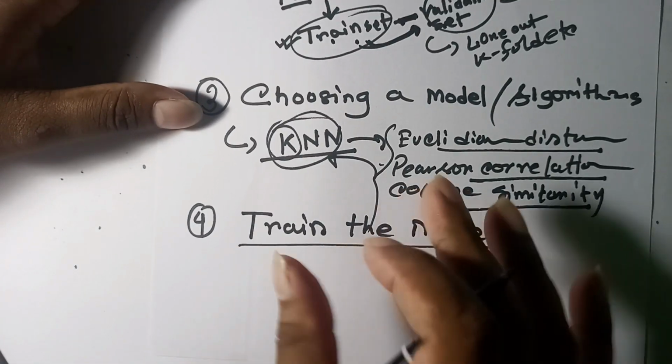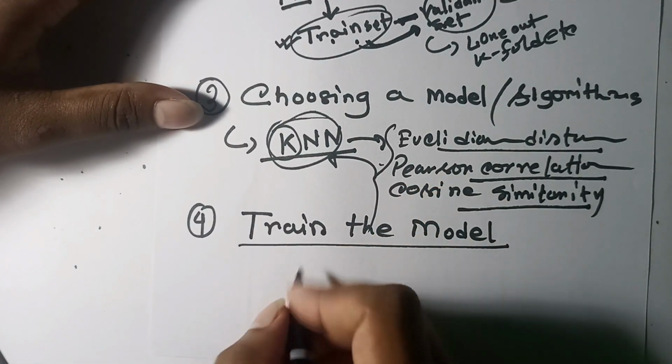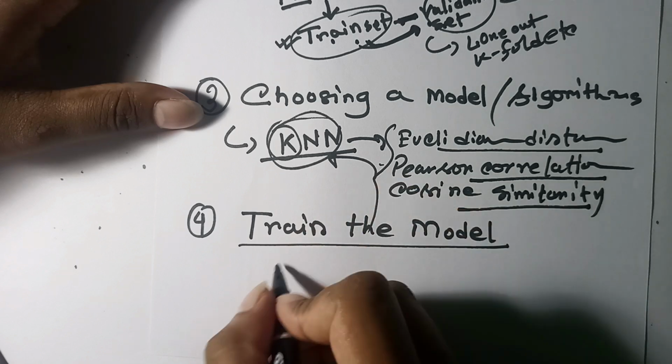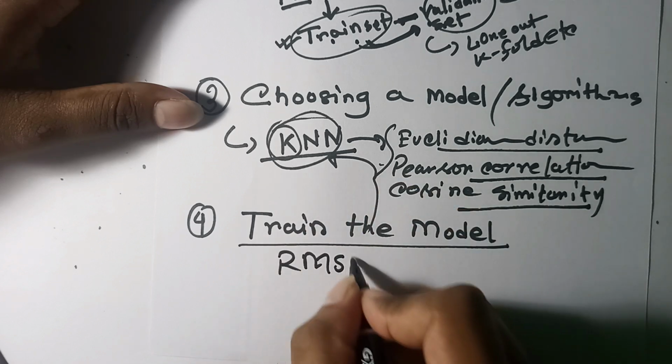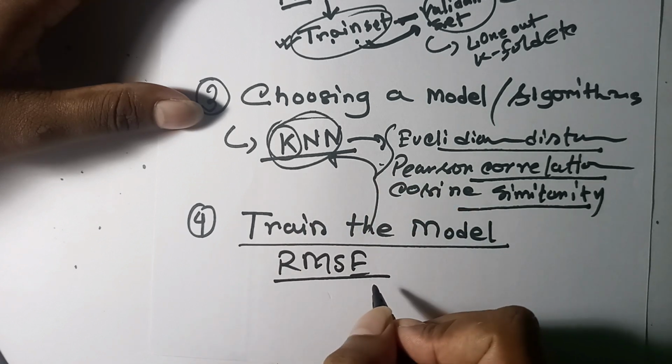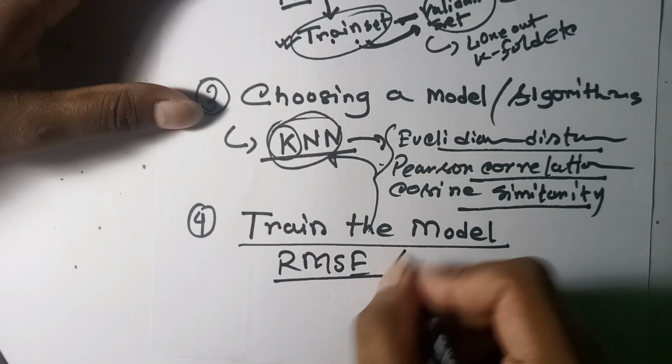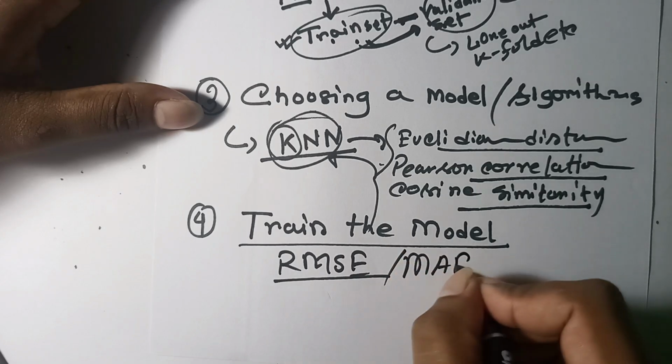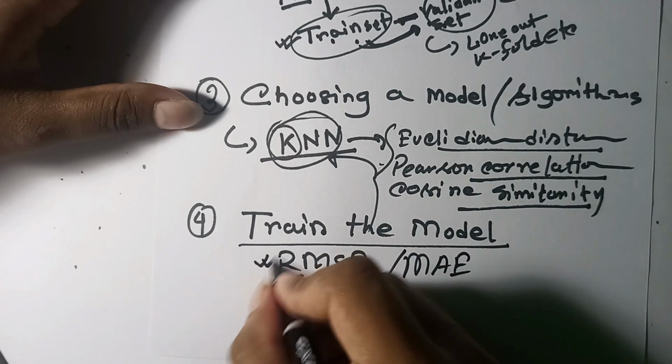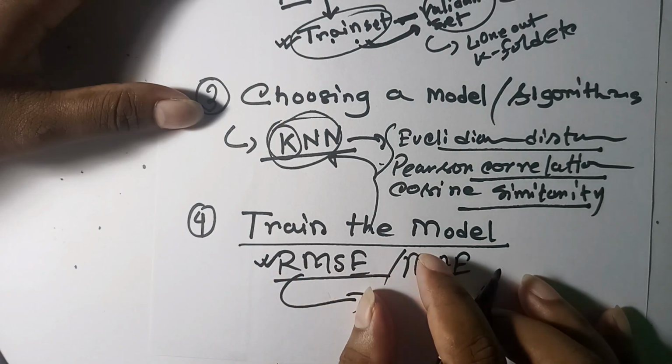For example, in machine learning, most models are evaluated through RMSE. It's called root mean square error. Also you hear mean absolute error. Mostly RMSE, root mean square error, is used.